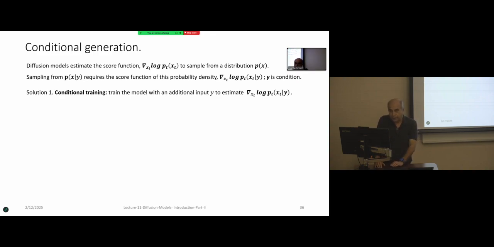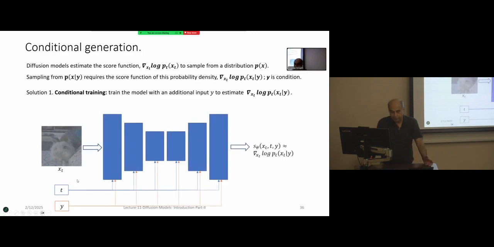So we'll train a model with an additional input Y to estimate this log probability, which can maybe look like that. So we have a U-Net, we take an image, typically we just put in xt, but now we can put in Y also. And then we will get the gradient like that. So that's one, very simple.